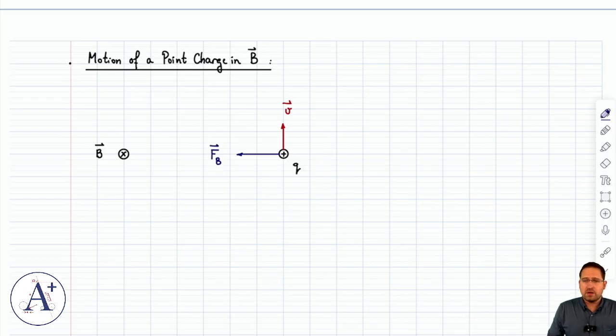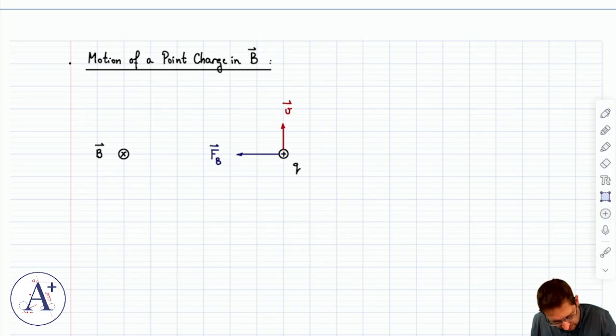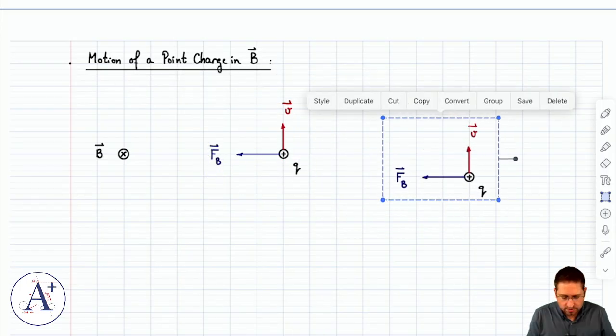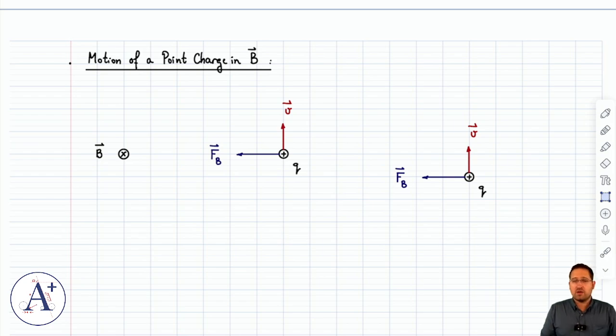Okay. Now what happens as the force pulls inward is that it creates an acceleration toward this direction, which causes the velocity vector to tilt. Right? But as the velocity vector tilts, then the force rotates with it. Right? So that's a little bit hard to see, so I'm gonna do it this way. This force creates an acceleration to the left. What a force does is it changes the direction of velocity. It could also change its magnitude potentially, although we just said not in the case of the magnetic force.